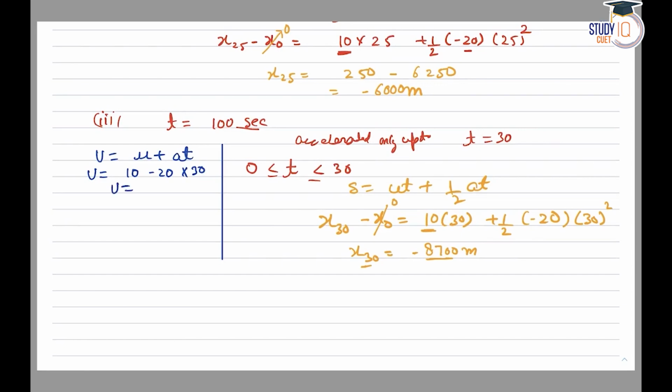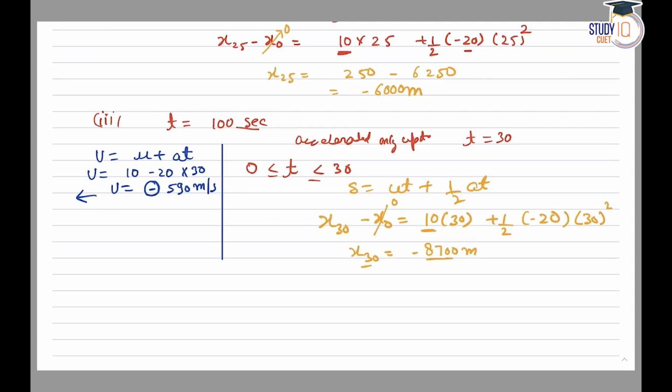So from this we have v is equal to minus 590 meter per second. This minus indicates the velocity of the particle is in negative direction, or in left direction. So the particle will continue to move in left direction.